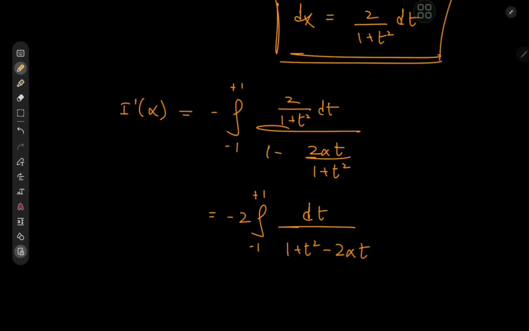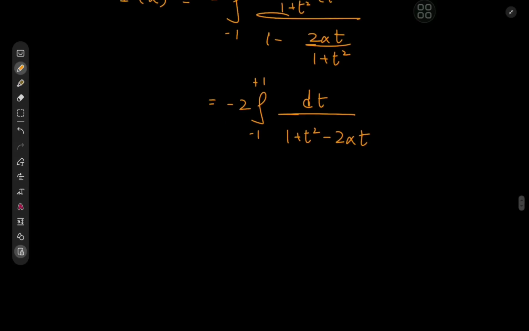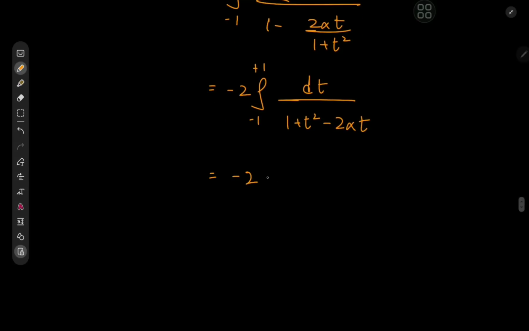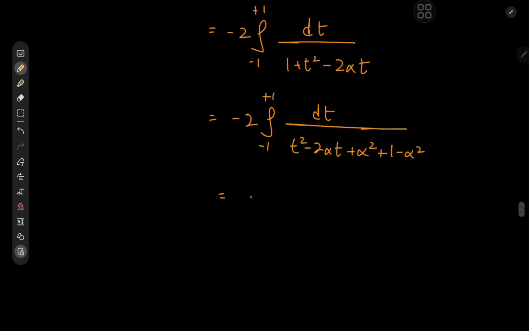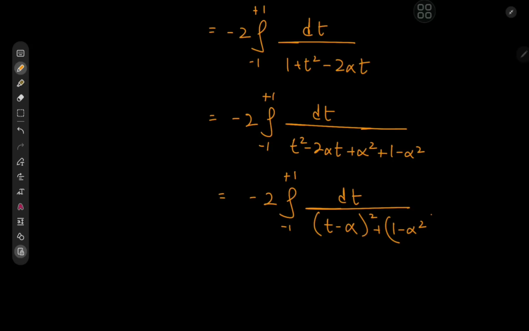And we can actually complete the square in the denominator. So with that strategy, we have negative 2 integral negative to positive 1 dt divided by 1 plus t squared minus 2 alpha t, so we do need an alpha squared term here, plus alpha squared, so we have 1 minus alpha squared, and this means we have negative 2 times integral negative to positive 1 dt, and we have t minus alpha whole thing squared plus 1 minus alpha squared.